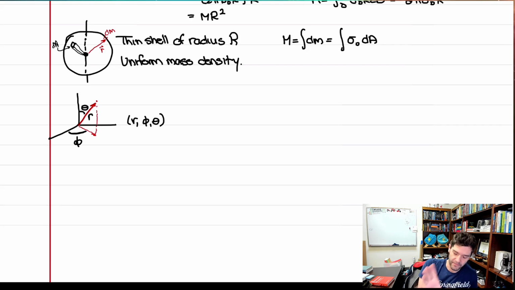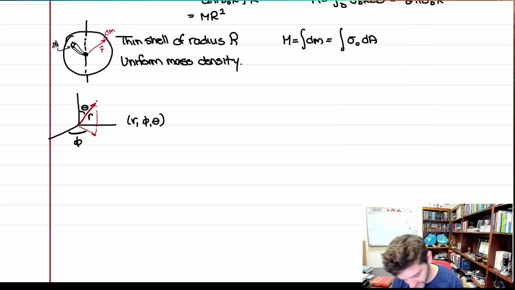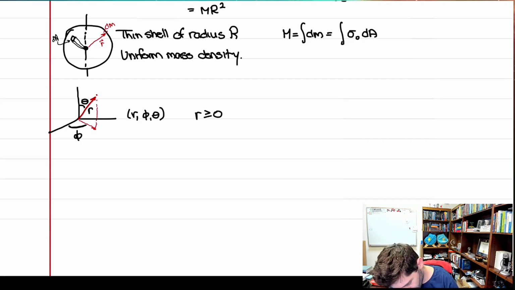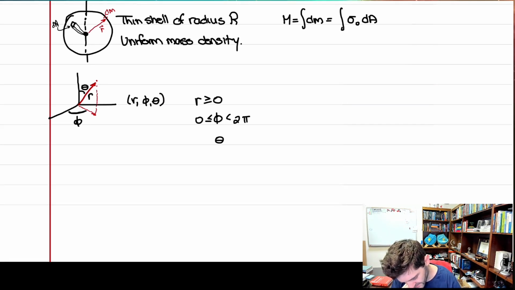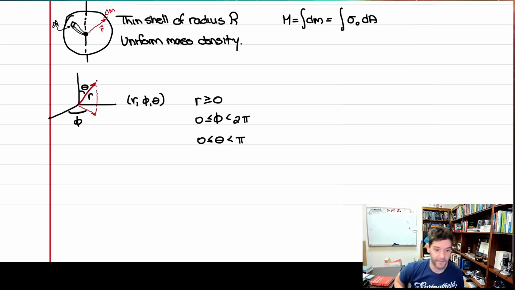And you have to be careful because different books and different websites use different conventions. I have seen cases where phi and theta are switched in terms of which symbol stands for which. Where r is always assumed to be greater than or equal to 0. Phi, in this case, ranges between 0 and 2 pi, so you can go all the way around. But to not double count, theta only ranges from 0 to pi.